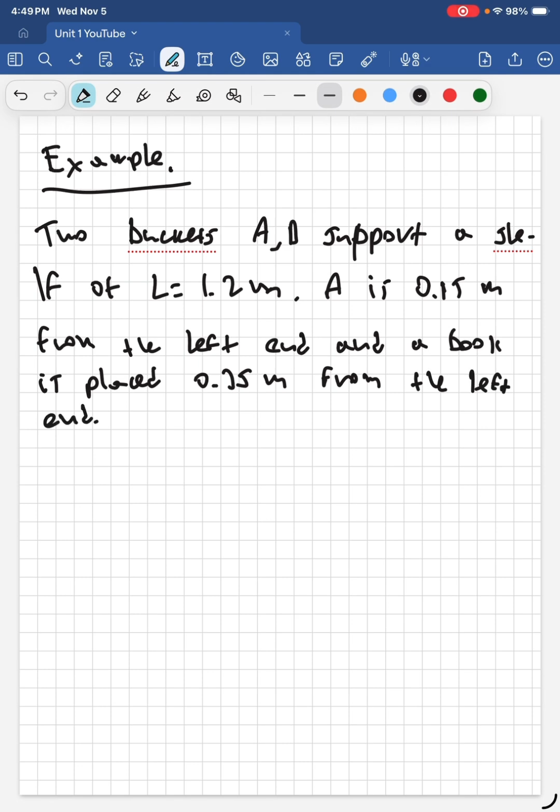Okay, so the normal forces of each bucket are equal.